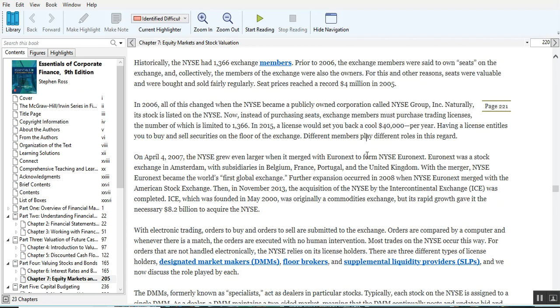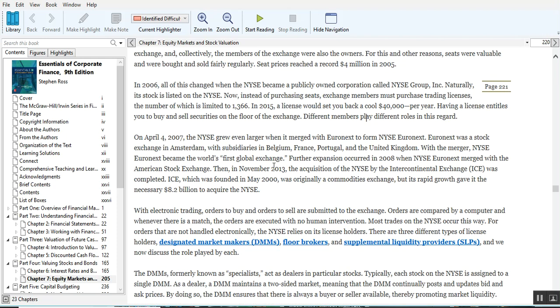They also merged with Euronext to form an even larger international stock exchange. And with the merger, they were the first global exchange, so they basically handled stock exchange in Europe as well as in the U.S. And they also merged with the American Stock Exchange. It used to be called Amex.